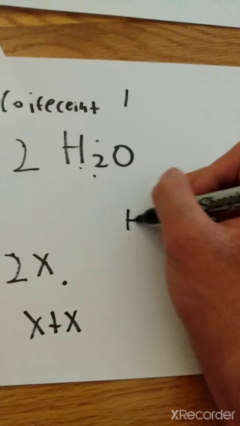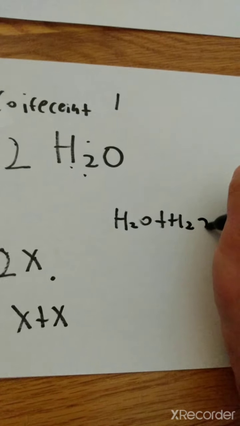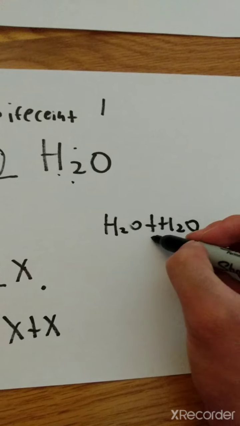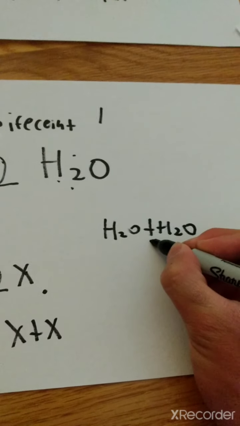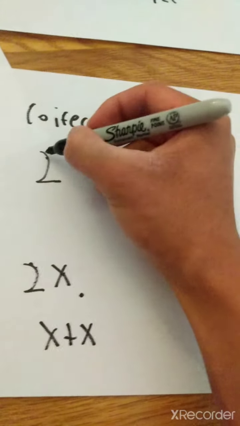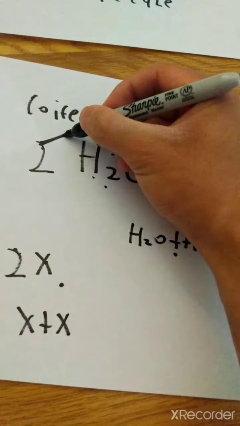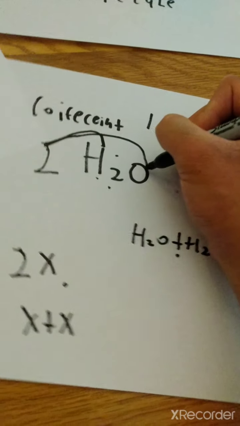So like, we could say H2O plus H2O. We can write it like that, but scientists do not want to take that much time to write it. So they say that this gets multiplied by 2, and that also gets multiplied by 2.